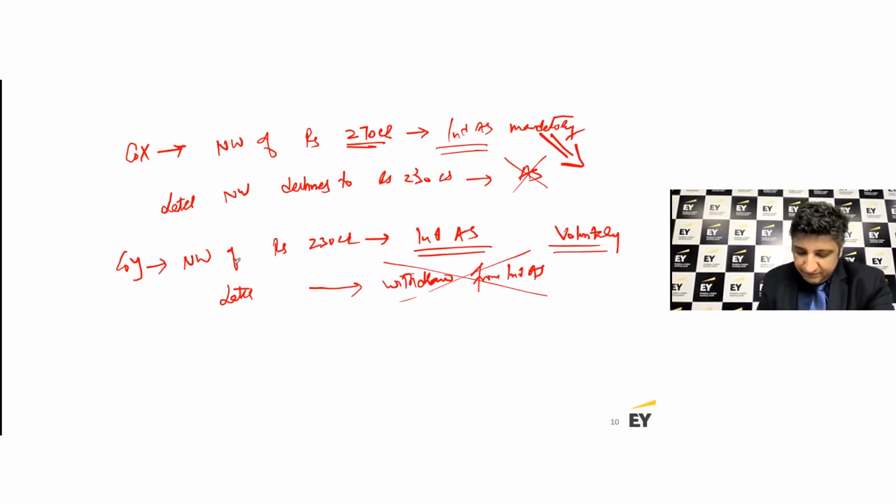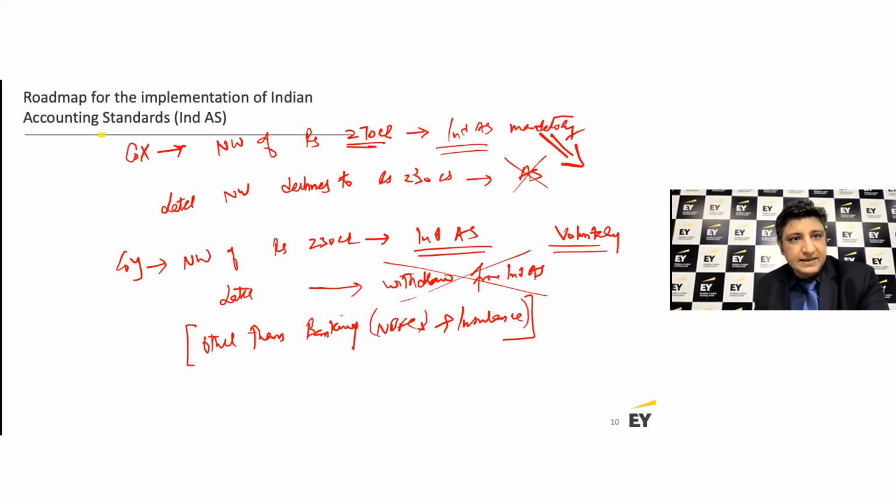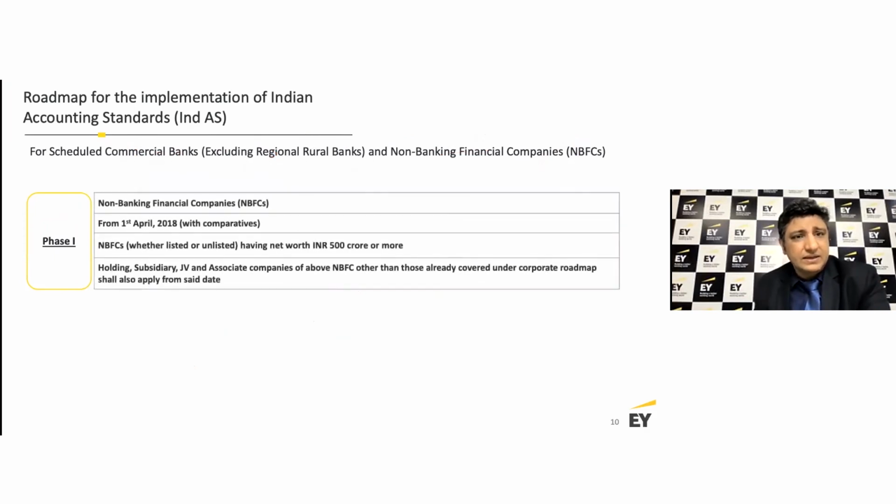So whatever we referred to, from a transition perspective, was all applicable to entities other than banking, and when I say banking, I include NBFCs and insurance companies. This is the first phase and the second phase for entities other than financial institutions and insurance businesses. Then we start talking about the scheduled commercial banks, excluding the RRBs, but including the NBFCs.